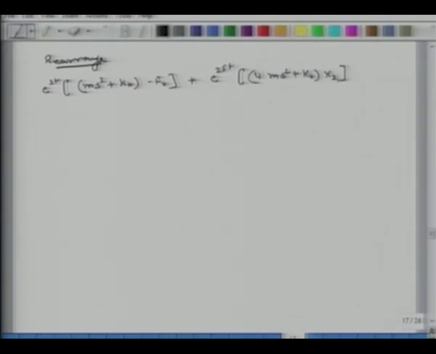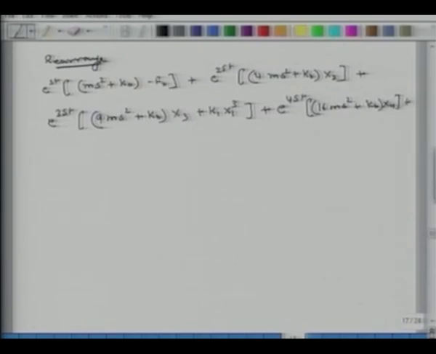Plus e^(3st): 9 M s square plus k naught, x3, plus k1 x1 cube, plus e^(4st): 16 M s square plus k naught, x4, plus and so on.